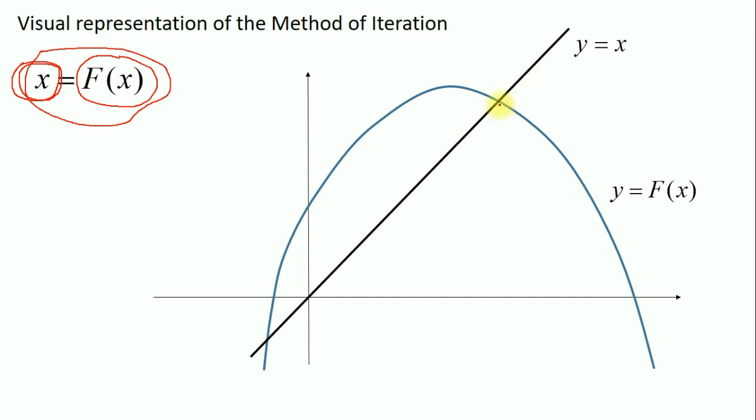Now you can see from the graph, there are two roots here. One here, one here. See? Now let this root be alpha.